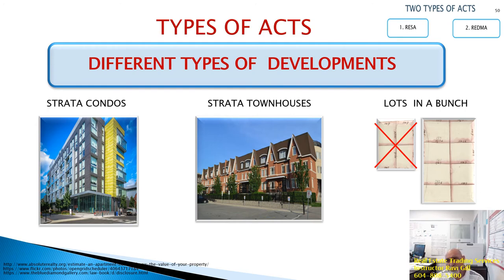Or another developer will take some land and cut it into smaller portions, which are called lots. Why are 4 here with an X? That means anything more than 4 is required by REDMA to be disclosed. We're going to get into this in a second.